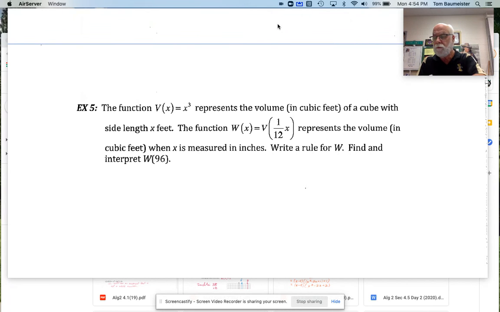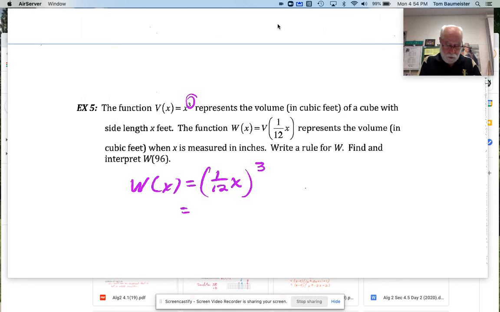Okay, so let's go ahead and start with what they said. We have w of x is equal to, well, wherever I see x in v of x, I'm going to replace it with 1/12 x. So I can write this as 1/12 x. And what are we going to do with that up here? It said we're cubing it, so we're going to cube it.